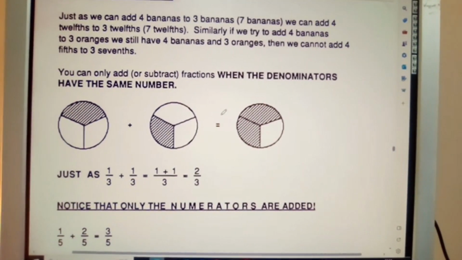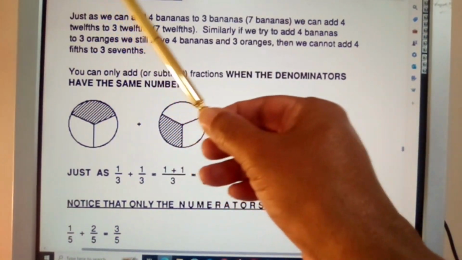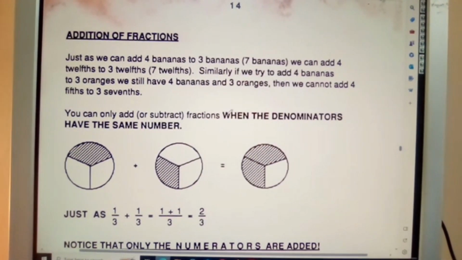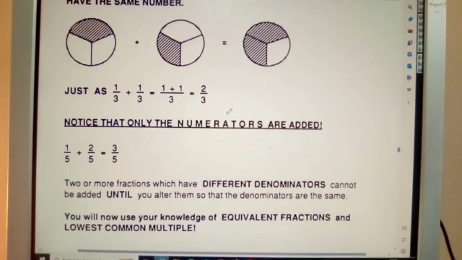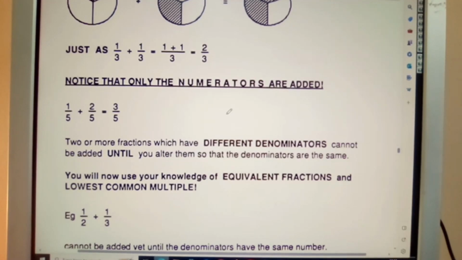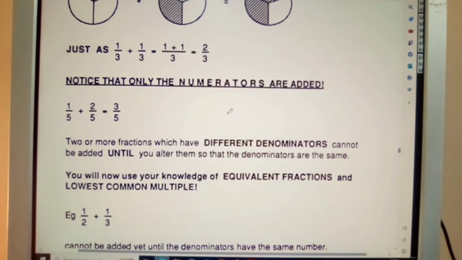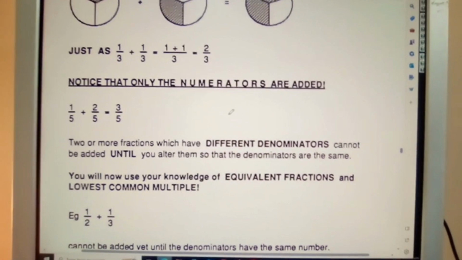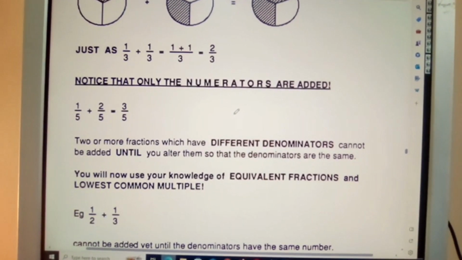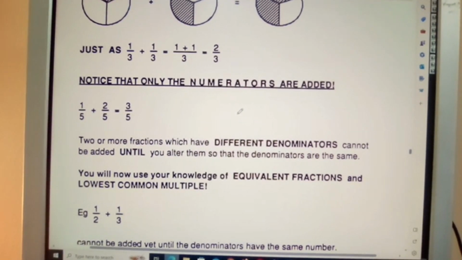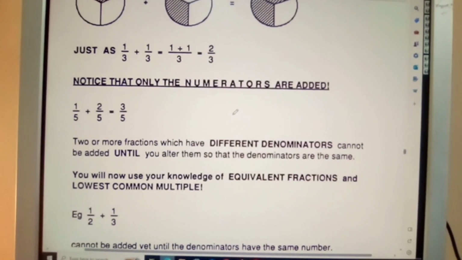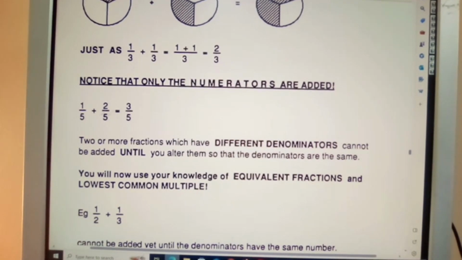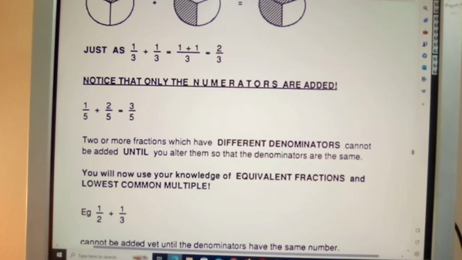And here we have addition of fractions, okay? Notice only the numerators are added. The denominators in this case do not need to be added, but it can become complicated when you have denominators of different fractional values.